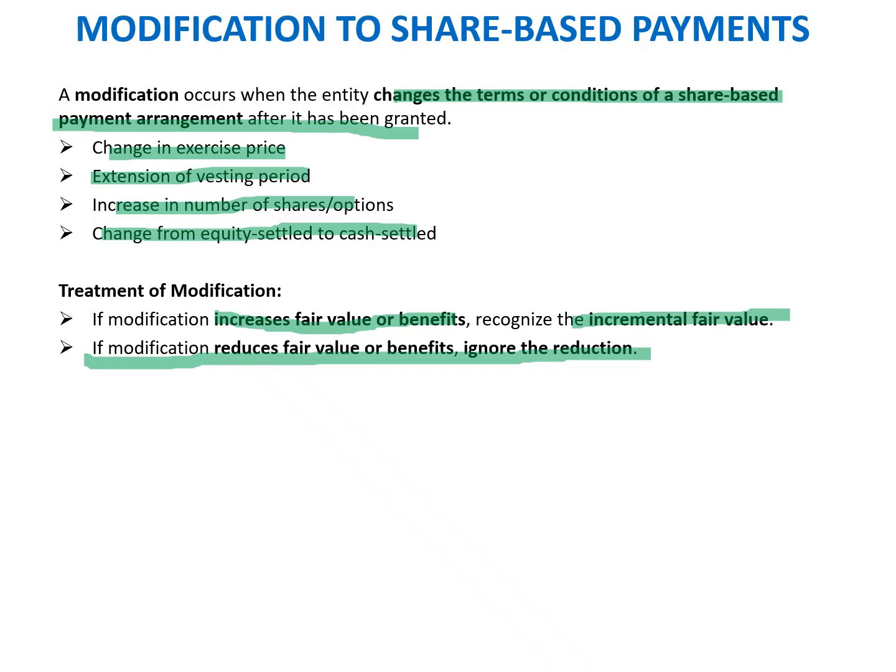So we cannot reduce the recognition of the expense for a reduction in fair value at a subsequent date, provided the modification has happened at the subsequent date. So the thumb rule is simple: whenever a modification happens and it increases the fair value, we have to adjust the entries. But if it decreases the fair value, it does not require any reduction and we have to ignore that reduction.